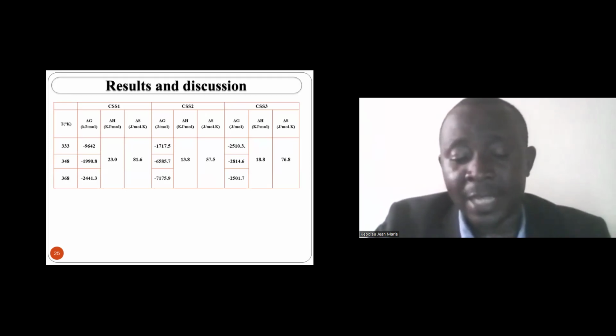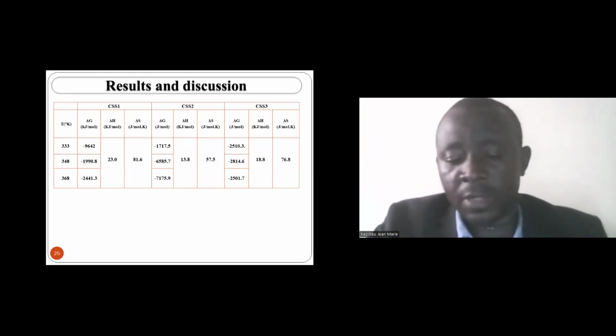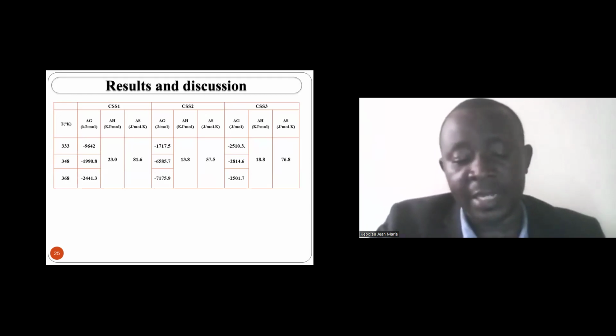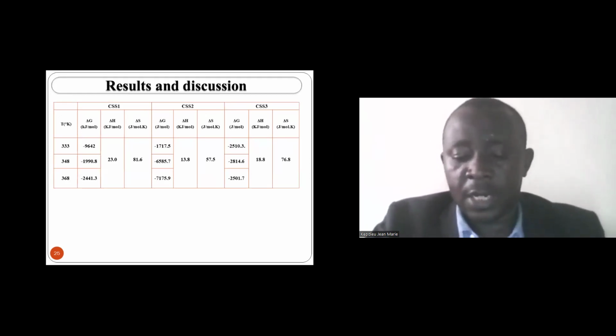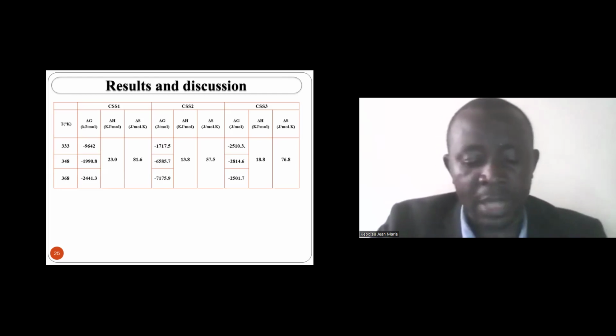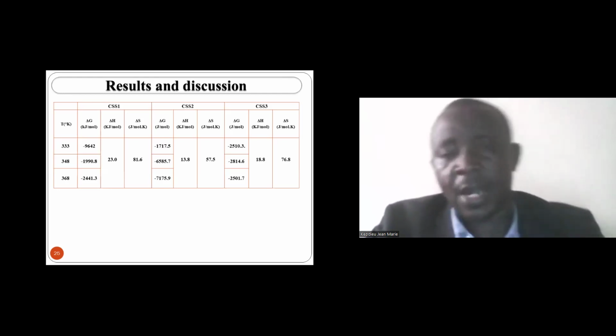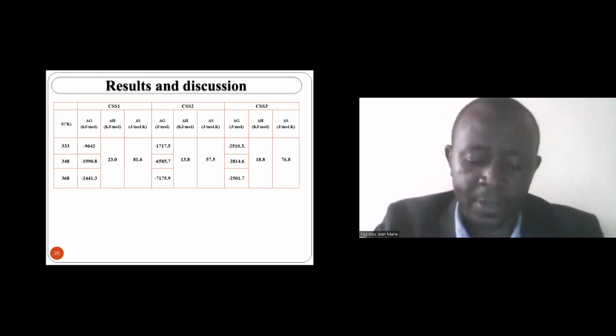Regardless of the adsorbent, the Gibbs free energy for beta-carotene adsorption decreases with increasing temperature, indicating the accelerating role of the temperature. The negative value is a proof of the thermodynamic feasibility and the spontaneity of the process.